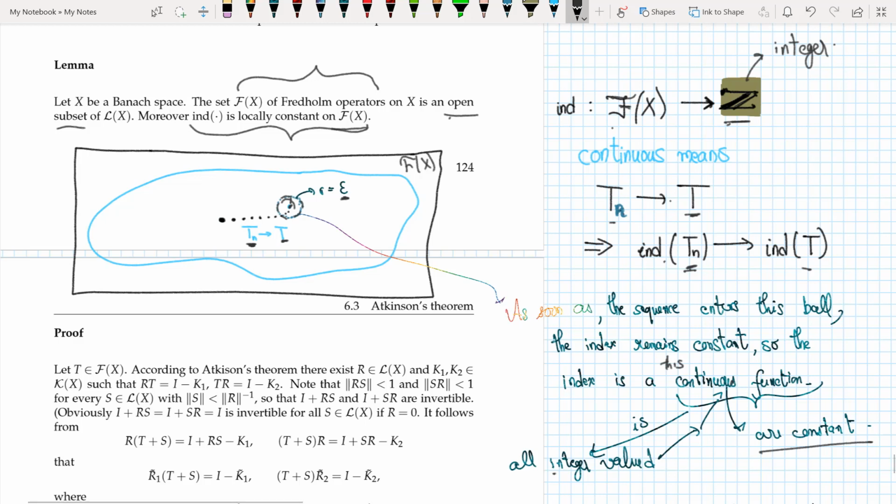Because if the function is continuous, it means that if Tn tends to T, then f of Tn tends to f of T. But if this is an integer, then the only possible way for this function to be continuous is that it is a constant function. So yeah, that's pretty much it for this lemma.